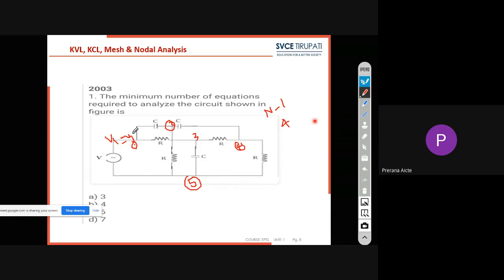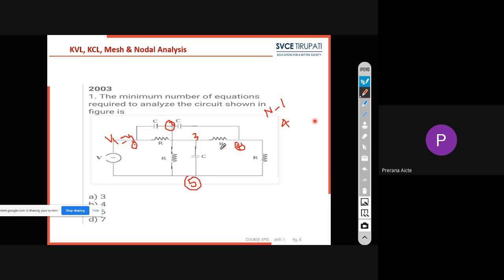So is any equation required at node 1? No need, because this node voltage equals the branch voltage, the voltage between the node and the reference node, which is already given directly.